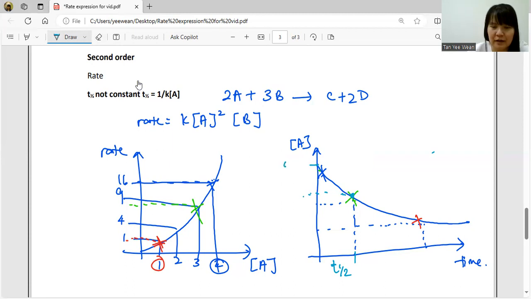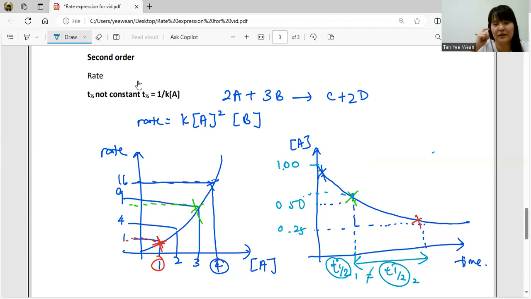So this is 1 mole per dm cube, this is 0.5 mole per dm cube, and the next one is 0.25 mole per dm cube. For it to drop from 0.5 to 0.25 mole per dm cube, it took a longer time. So the first half-life and the second half-life are not the same.